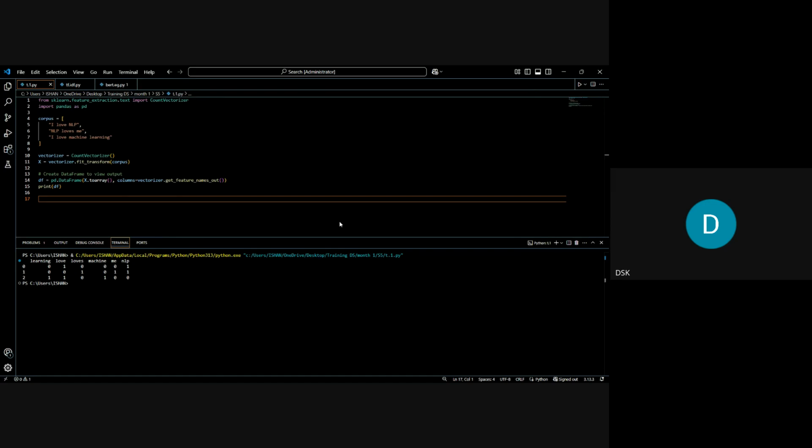Over here we are using CountVectorizer from scikit-learn to apply bag of words. The corpus is: I love NLP, NLP loves me, and I love machine learning. The CountVectorizer tokenizes, splitting the text into words.